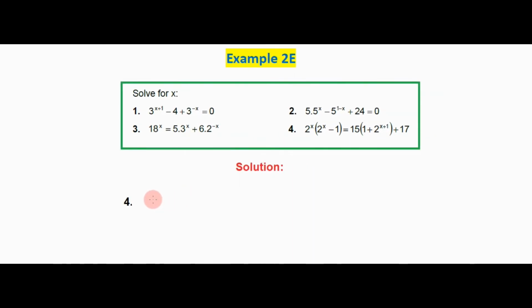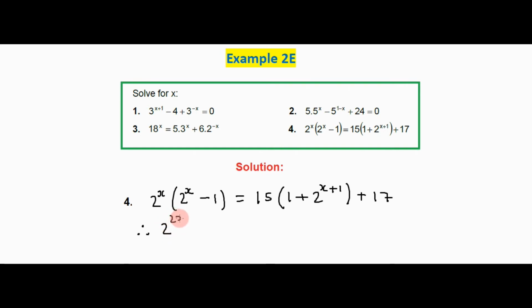In number 4, we have 2 to the x into 2 to the x minus 1 equal to 15 into 1 plus 2 to the x plus 1, plus 17. We can start by multiplying out the brackets on both sides. So 2 to the x times 2 to the x is 2 to the 2x when we add the powers.